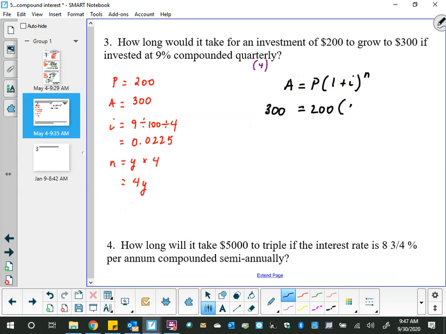I can do my snazzy adding in here, and 4y goes up top. So I'm looking for the y. I know I can at least divide both sides by 200. Sometimes this will be a nasty decimal, sometimes it'll be nice. Technically, you don't really need the brackets here anymore. I'm writing them down out of neatness.